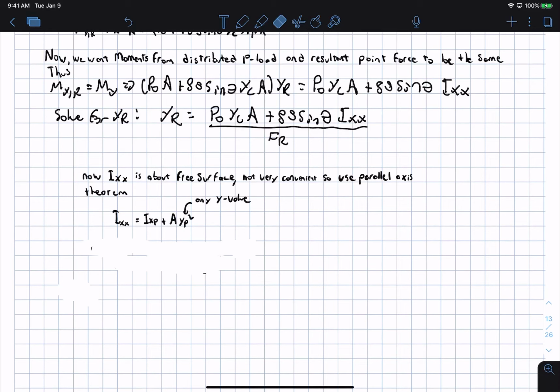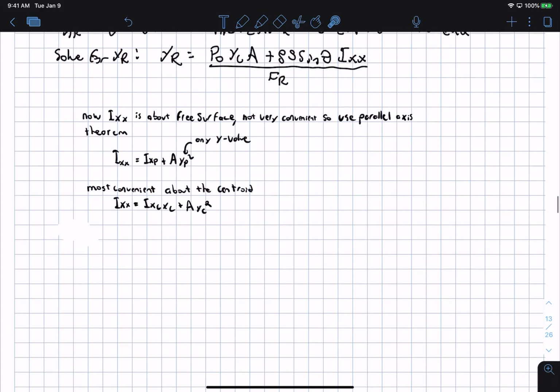For these types of problems, it is most convenient to relate IXX to the moment of inertia about the centroid. So using the parallel axis theorem, we would use the moment of inertia about the centroid plus the area times the y value of the centroid squared, which we know.